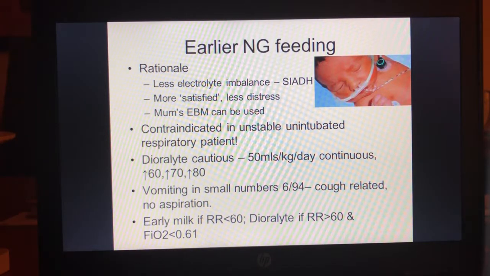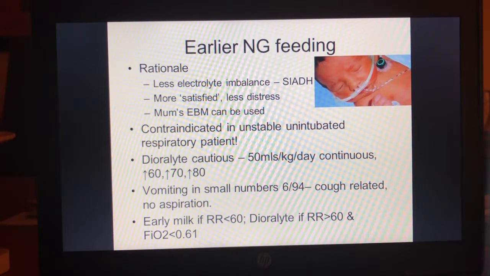So another reason was to obviously make children less distressed, make them less hungry, make them more satisfied. And the added advantage of considering using nasogastric feeding is that if the babies were being breastfed, the mums could certainly contribute to the care of their children at a time when they're being deprived of so many elements of care, by continuing to use their expressed breast milk.